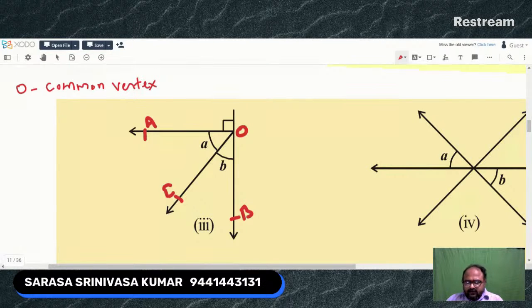Can you find a common arm in this diagram? Common arm for the angles A and B. This is angle A and this is angle B. Can you find a common arm? Here, the ray OC is the common ray. You can write common arm.